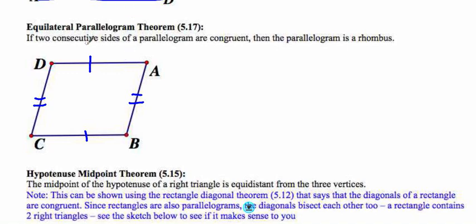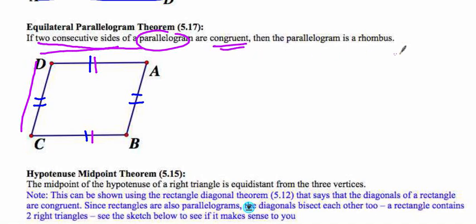If we are in addition given information that consecutive sides, and so I'll pick CD and DA, are congruent, then if we extend our theorem 5.1, both pairs of opposite sides congruent, this means CB must equal DA, and therefore all four sides are congruent, and that allows us to conclude that if we have consecutive sides of a parallelogram congruent, then we have a rhombus.